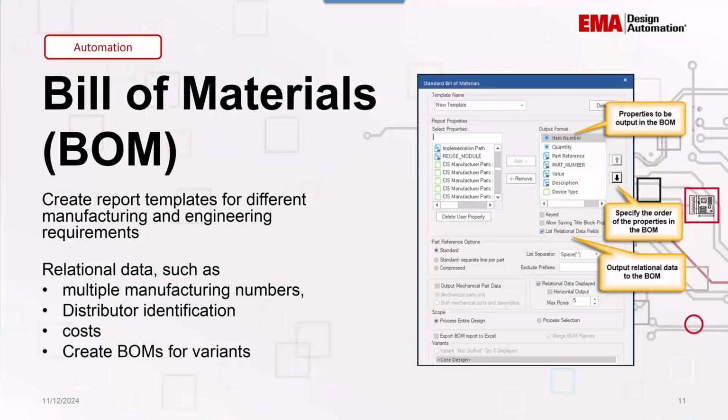You can now actually use a user interface to search for a property, to pull that property into your output format on the right, and then specify the exact order you want those properties to show up in your BOM. And even better, you can now save that template and reuse it in the future. You don't have to set up a BOM each time just to get what you want out of your board.